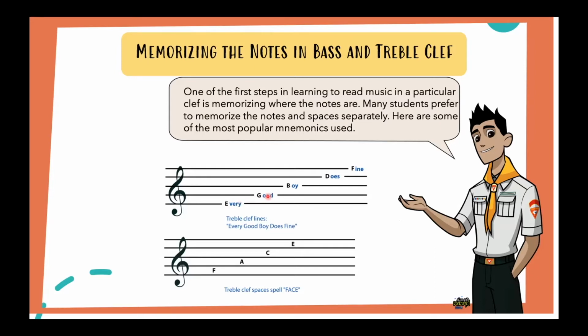But this is then E, G, B, D, and F. We can memorize this by every good boy does fine. If you remember that every good boy does fine, you are going to remember that the lines of the clef are E, G, B, D, and F.